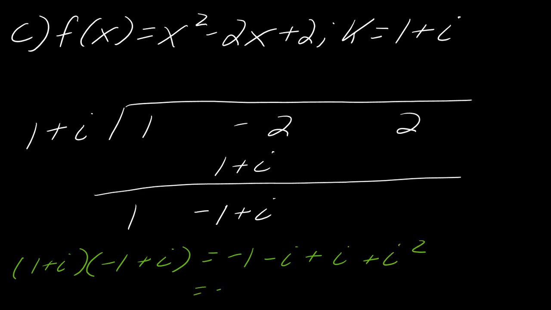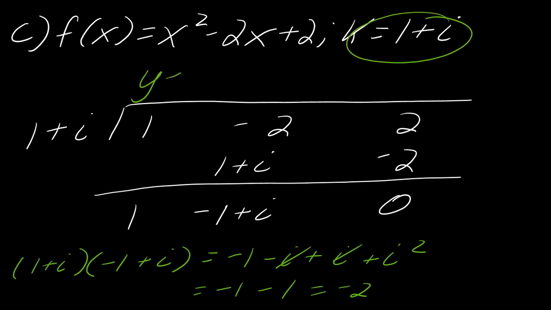So that's going to give me -1. These cancel out. i squared becomes -1, so this equals -2. That's what I'm going to write here, -2. If I add this together, I get a 0. So yes, 1 plus i would be a 0 in this case.